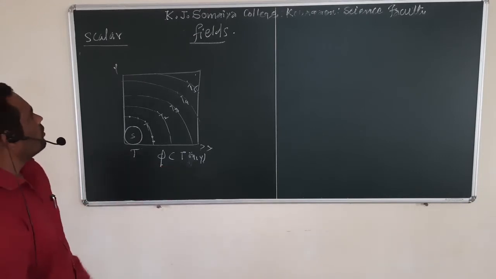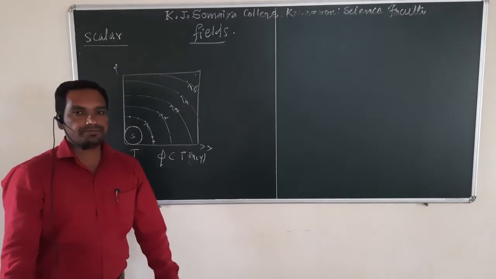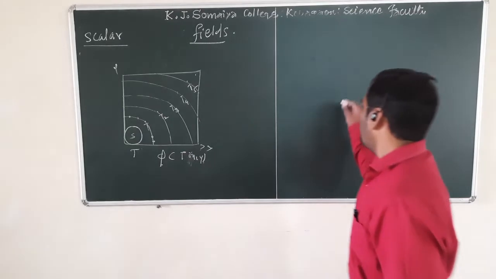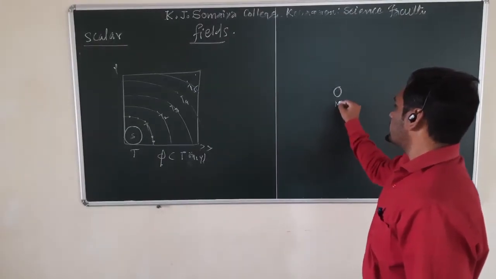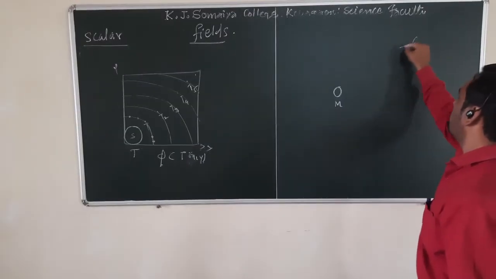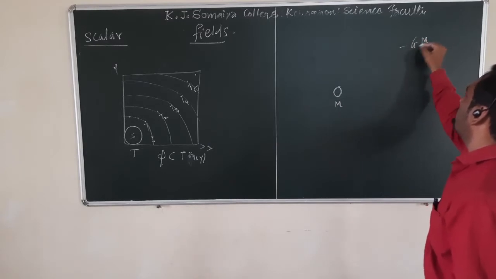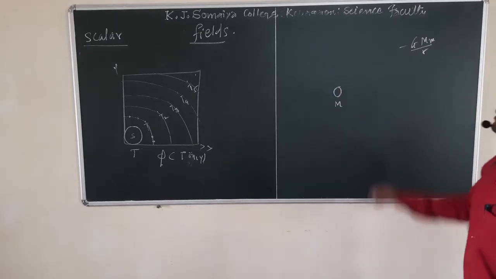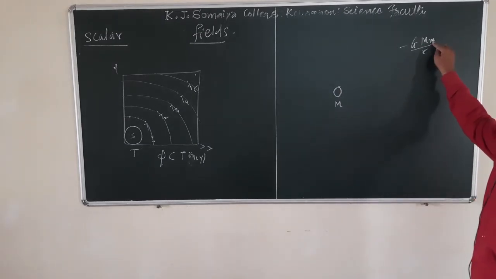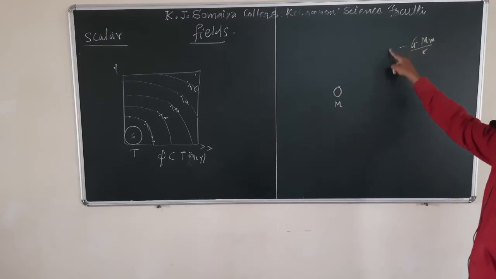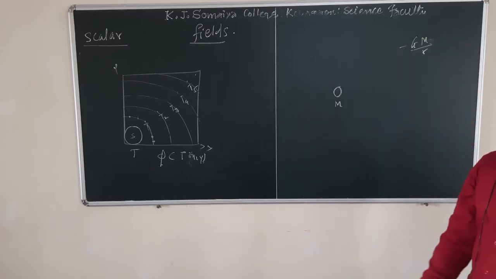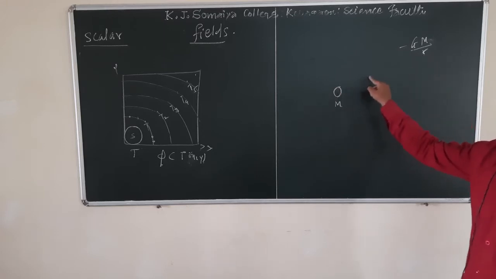Now take another example of a scalar field: gravitational potential. Suppose we have an object having mass M, then gravitational potential is minus GM upon r. Suppose you take another object having mass m, then gravitational potential energy of these two is minus GMm upon r, and potential is GM upon r, where r is the radial distance from this object.